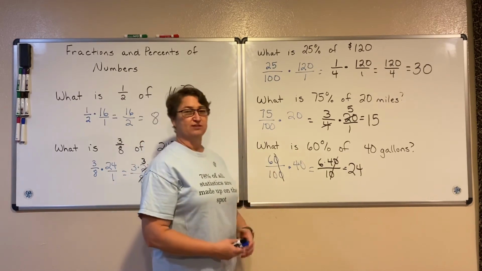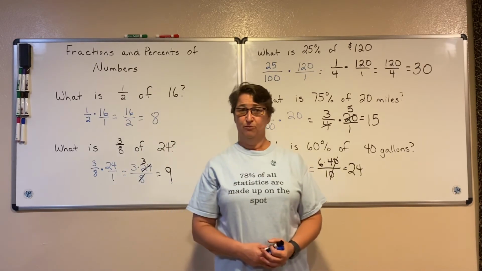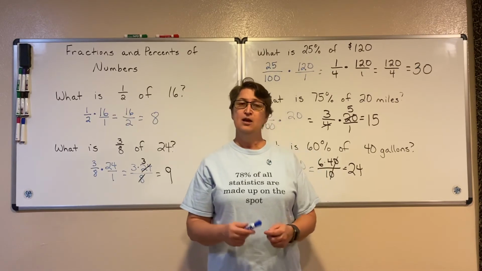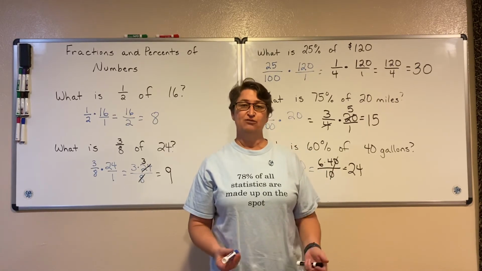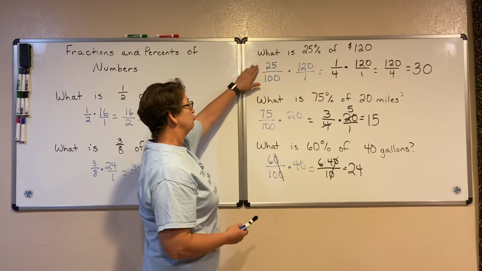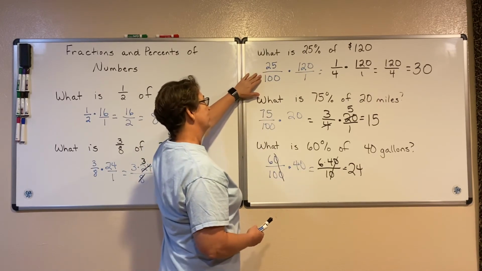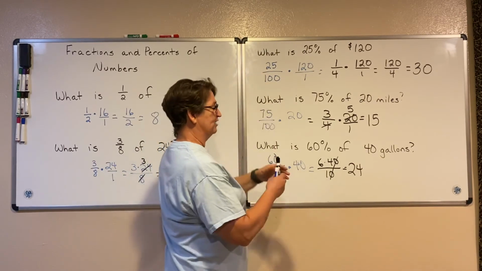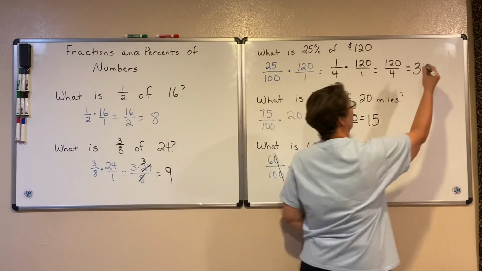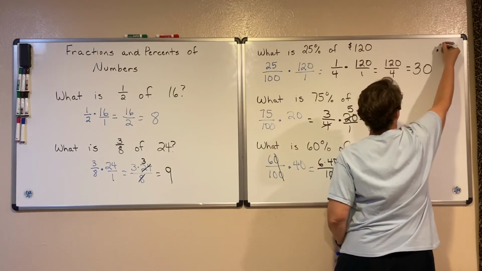Now in each one of these cases, I turned my percents into a fraction to multiply, but I could also multiply by its decimal form. So remember that 25 over 100 could also be written as 25 hundredths, like this, 0.25.